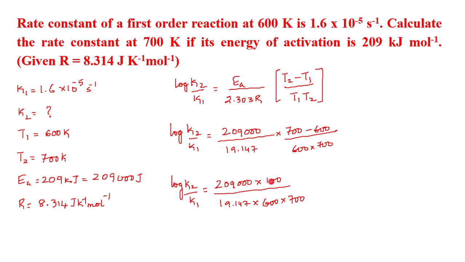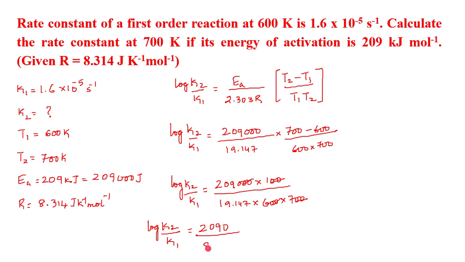So these two zeros will cancel over here and these two zeros I'll cancel over here. Multiplying and dividing, you are left with 2090 divided by 19.147 multiplied by 6 multiplied by 7.